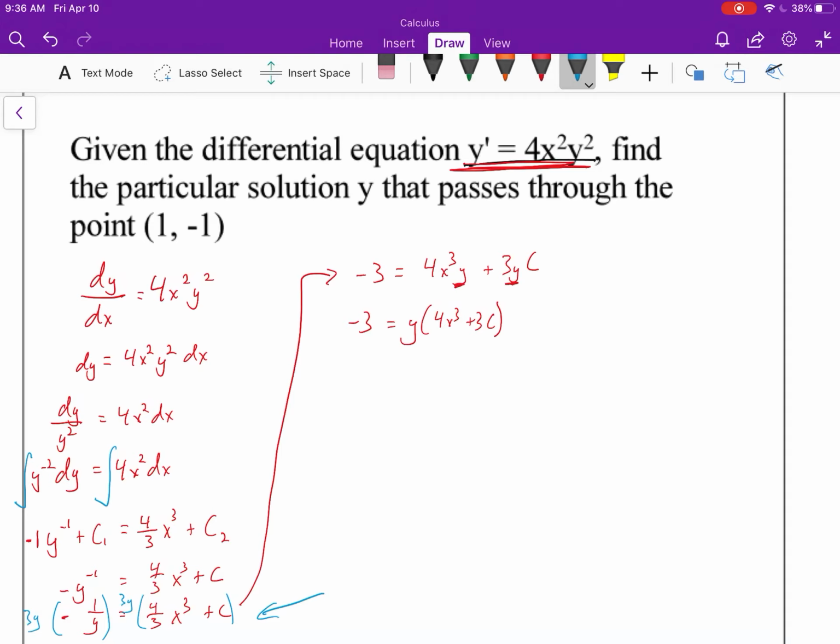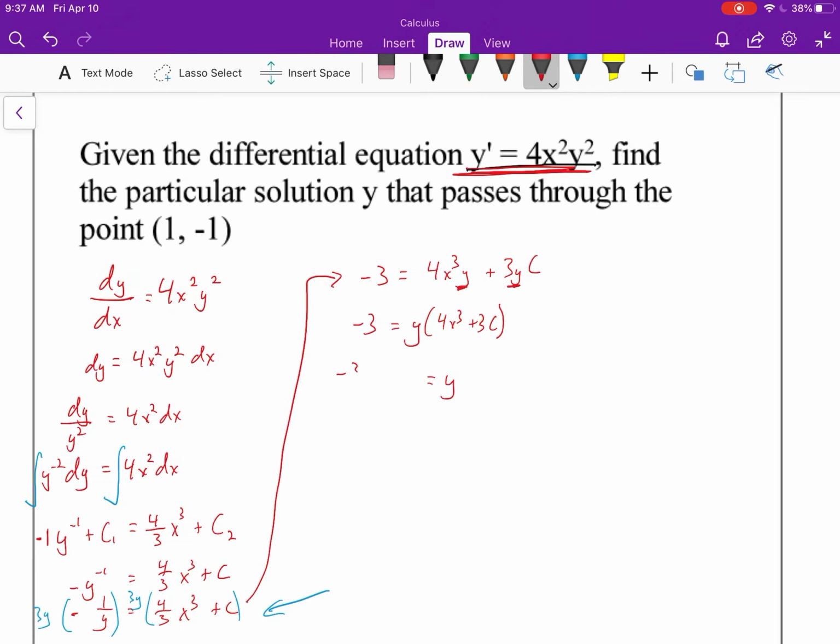But another thing we were doing, we were getting all the y's to one side. So solving for y, we divide both sides by that value, 4x cubed plus 3c. So we have negative 3 over 4x cubed plus 3c.